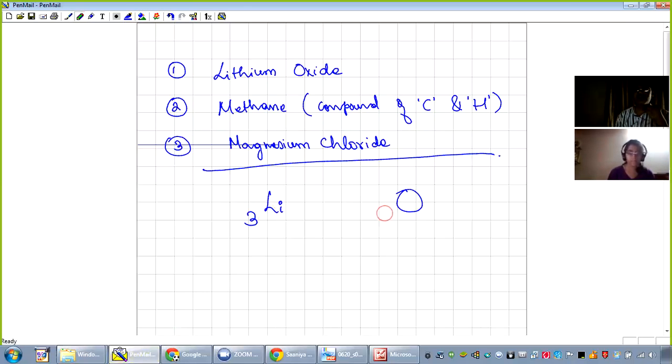this is 3 and this is 8. 2 1. 2 6. Valence electrons. 1, 6.